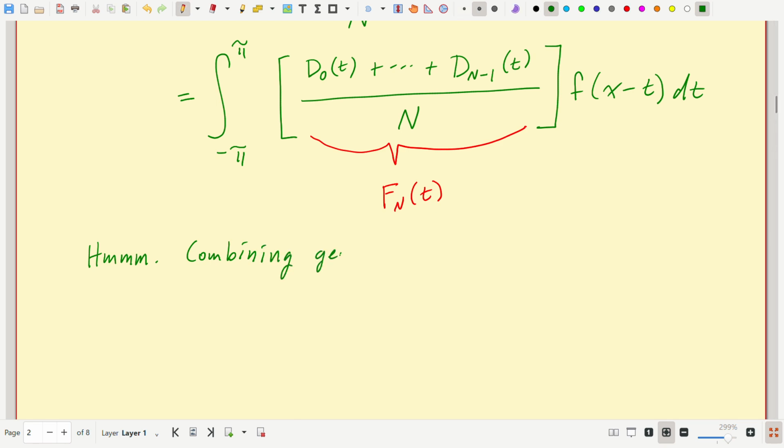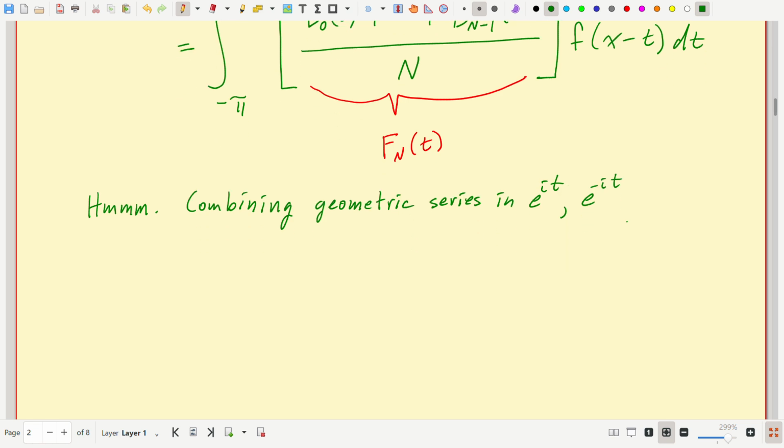Combining geometric series in e to the it and e to the minus it, and being clever like we were with the Dirichlet kernel in the algebra, might lead to something.